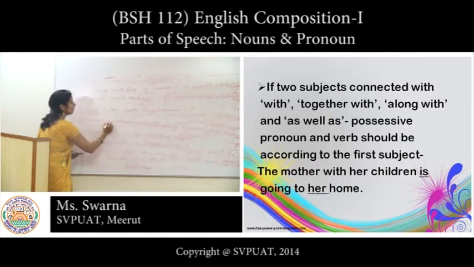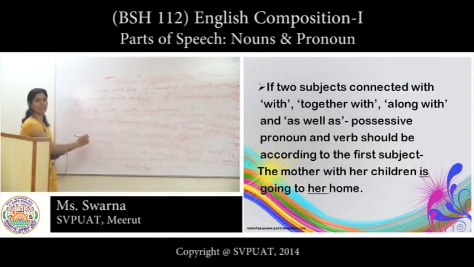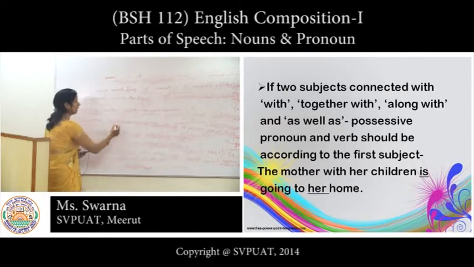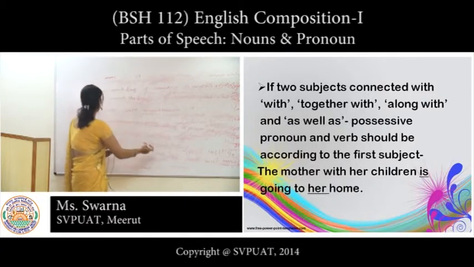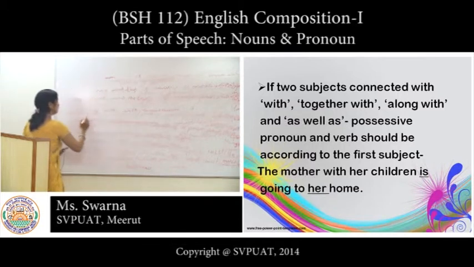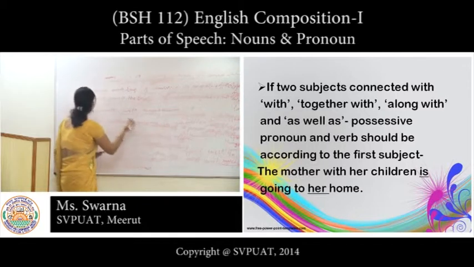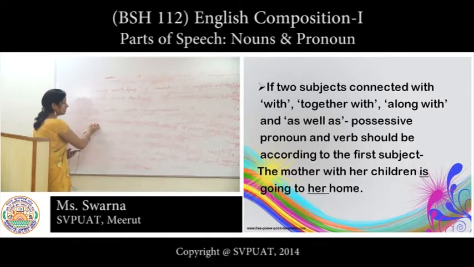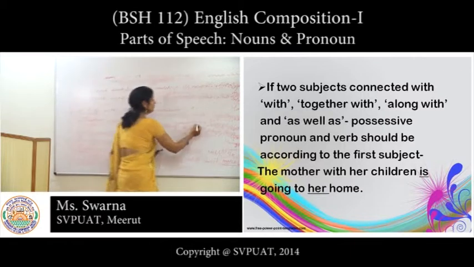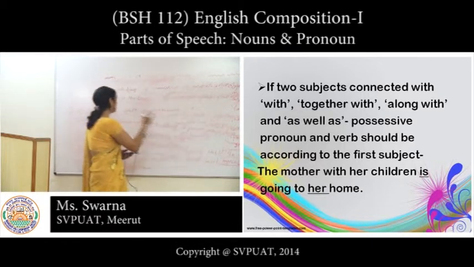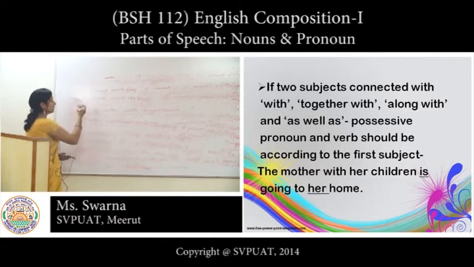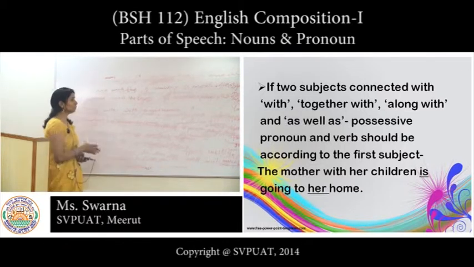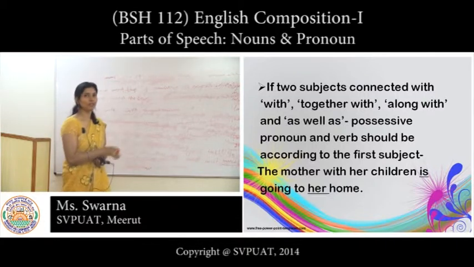Means if we connect the subjects with with, along with or together with, then we use the verb according to the first subject, and the first subject is the mother. So we will use is according to the mother, because mother is singular, and we also use a singular pronoun with this subject, the mother. So when we use along with, together with in a sentence, the rule should be taken into consideration.